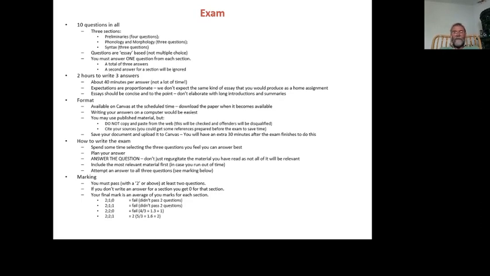Even if it's not a very good answer and you fail it, it still means that you can pass the exam. Whereas if you decide not to write it at all, then you could fail because of that. Okay, so that's why I very much advise you to attempt all three answers, even if you're not very confident with that third answer.